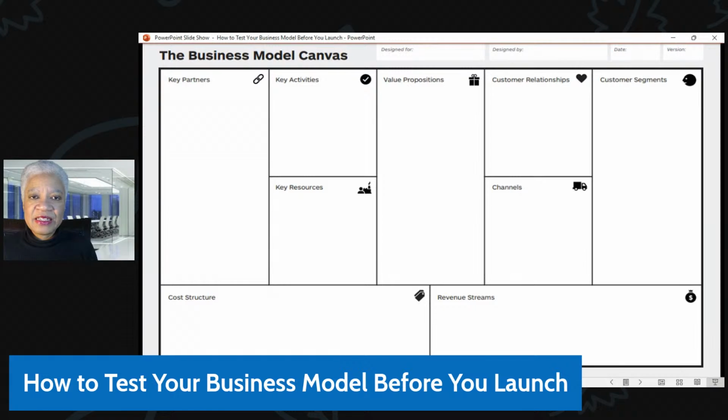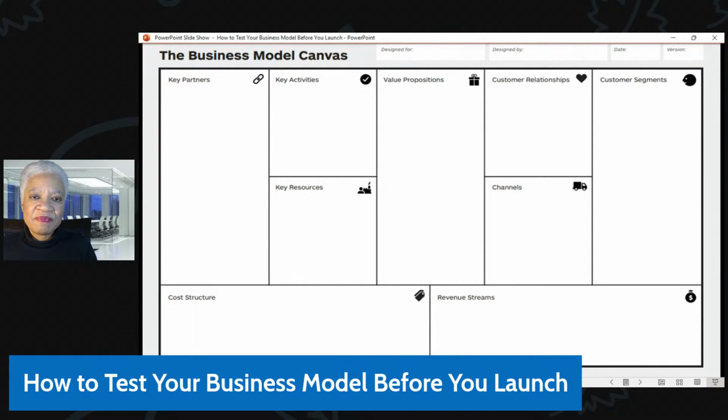It talks about the key activities in which you're going to engage, the key resources, the value propositions, because remember, everything builds around value. It's going to also describe the customer relationships, how you actually relate to your customer. It's going to talk about the distribution channels as well as the communications channels as well as the sales channel. And then it'll talk about the customer segments that you have.